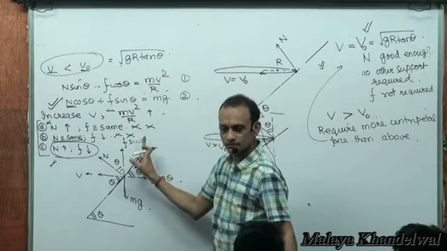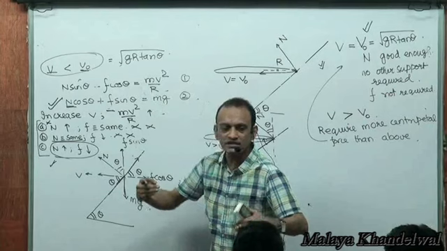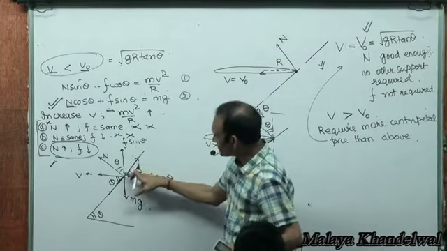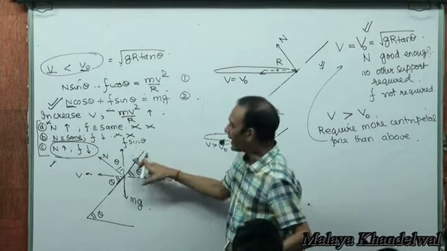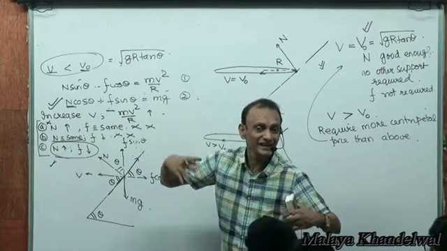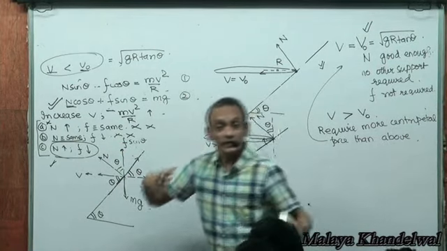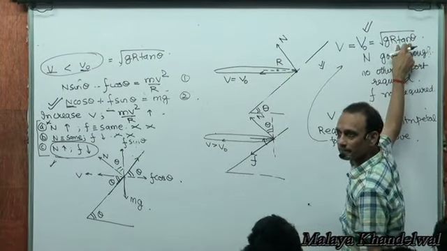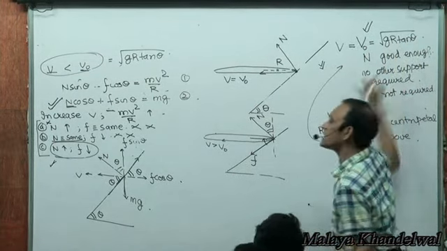I start with a velocity smaller than root g r tan theta. Friction is outwards. And I then go on increasing the velocity. I'm still smaller than root g r tan theta. Friction will act like this and it will decrease. If I'm increasing the velocity, friction will decrease. Then I come to a velocity which happens to be root g r tan theta.